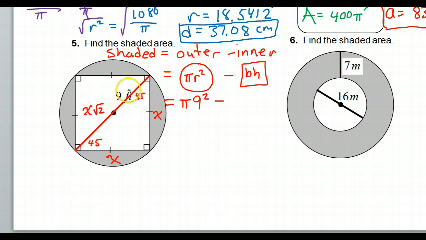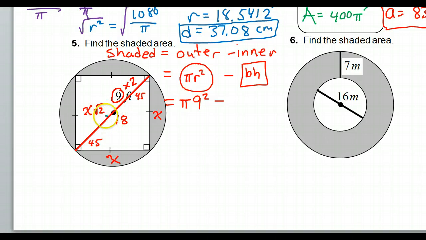But we know that the hypotenuse is 18. How did I know that? Because I see the 9, and the 9 is a radius. So if I go the whole way across, that'll be another 9 for a total of 18. So I just did 9 times 2.